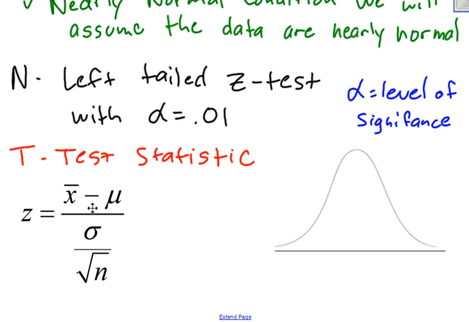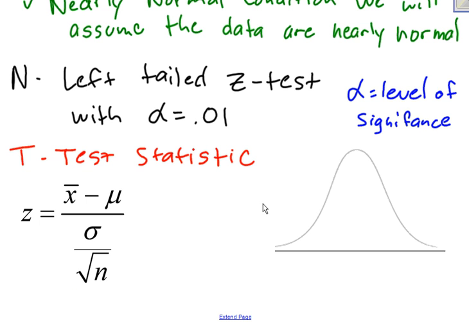I'm then going to use this test statistic and label it on my normal model over here in this picture, and I'm going to find the area to the left of that. This is a left-tailed test, so I'm going to find the area to the left and see what that probability is. Remember, the area under a normal curve is probability. So I'm going to look at the area under the curve, and that is something called a p-value. But we'll get to that in just one second.